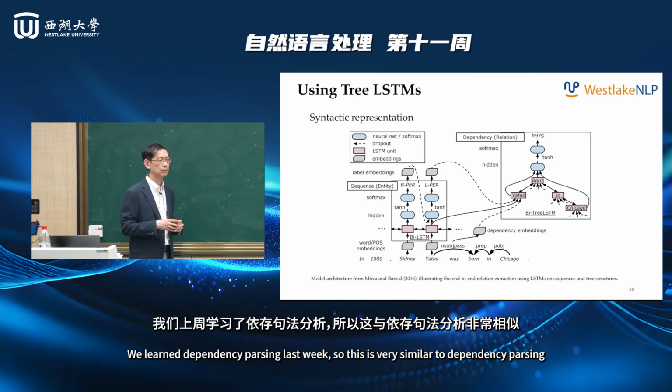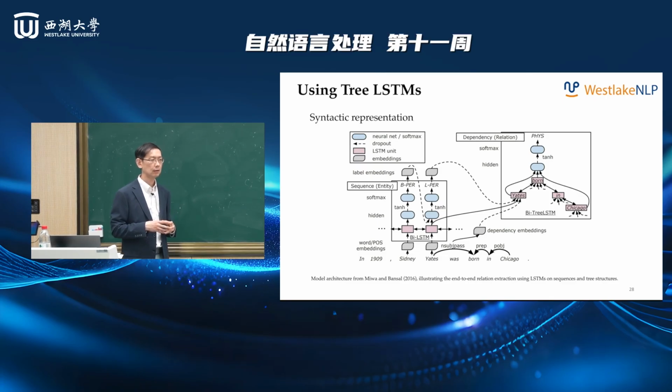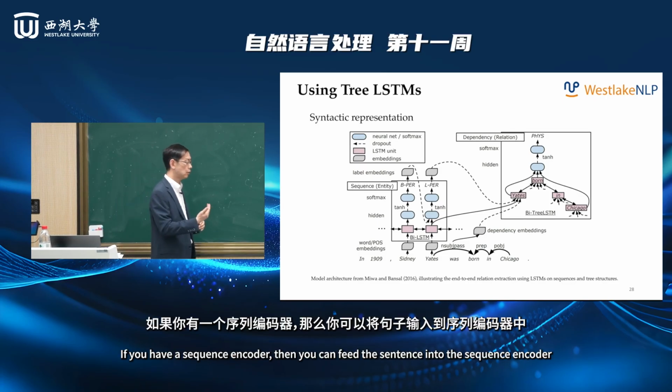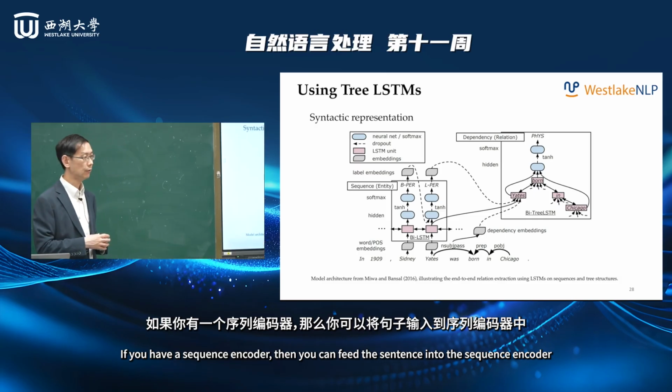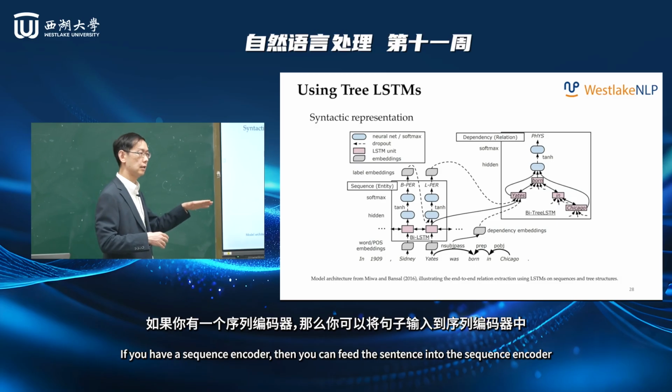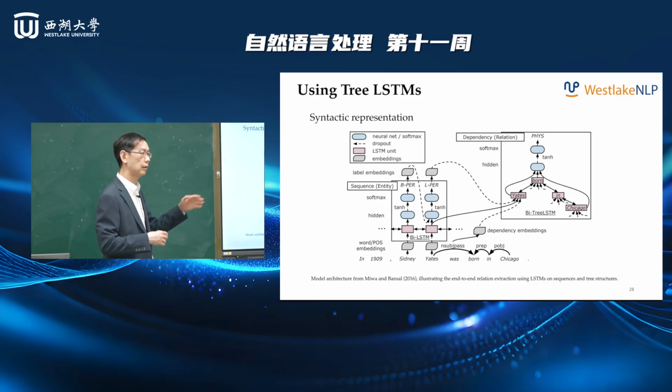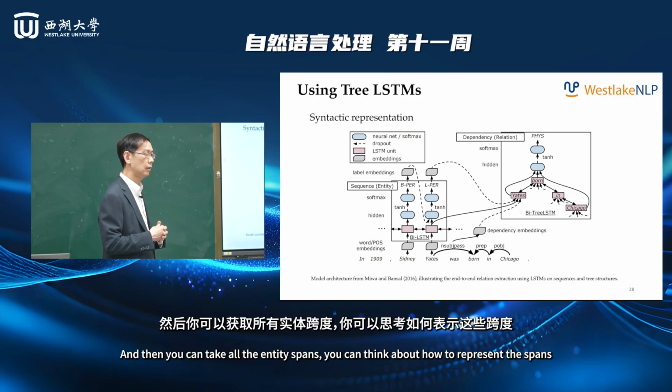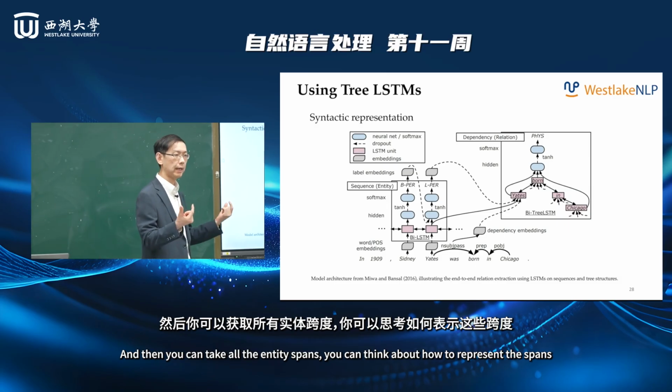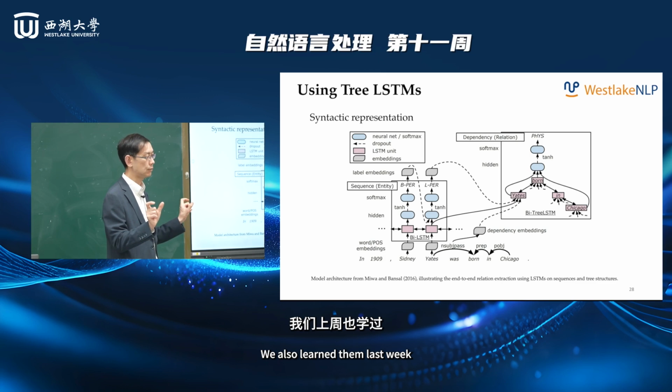So this is very similar to dependency parsing. If you have a sequence encoder, then you can feed the sentence into the sequence encoder. And then you can take all the entity spans. You can think about how to represent the spans. We also learned them last week.